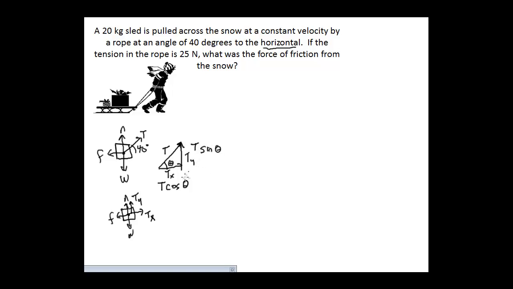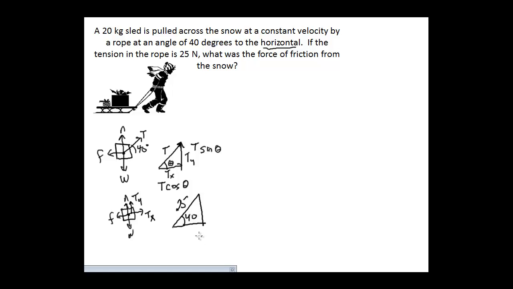Alright, so now, since we were given numbers, we could actually redraw this with numbers. We were told that this hypotenuse was 25 and the angle was 40.